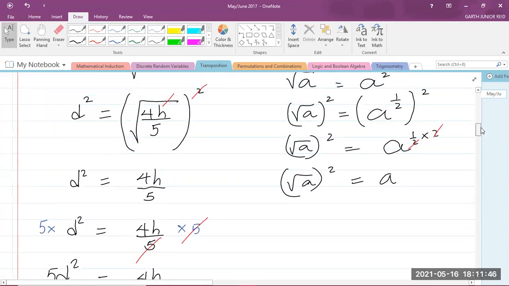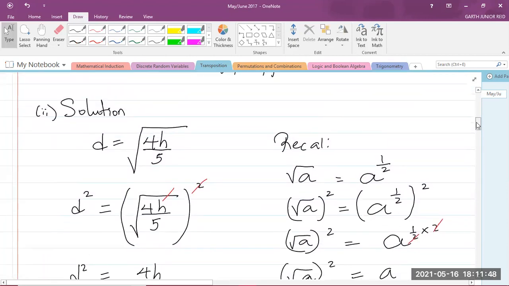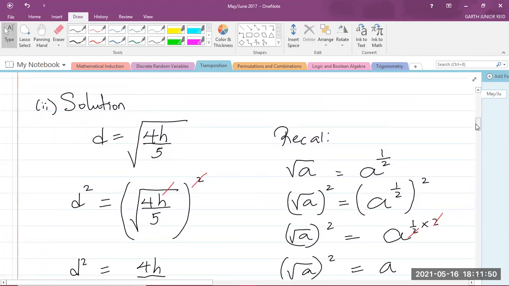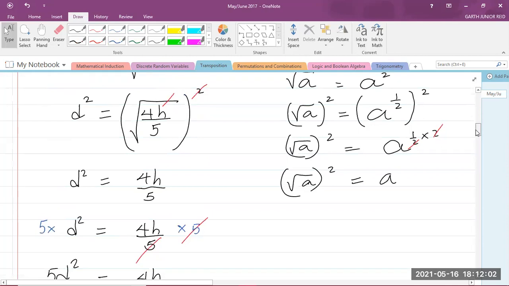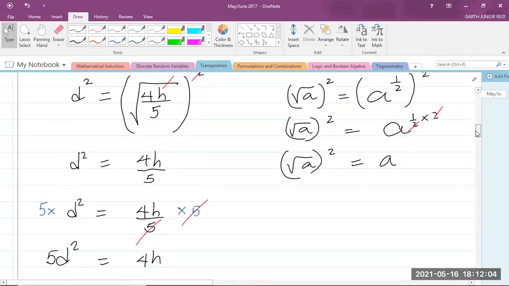So you wanted h as the subject, so it means that you need to get rid of everything surrounding that h. We got rid of the square root first by squaring both sides of the equation. We ended up with d squared equals 4h divided by 5. Then we needed to get rid of the 5 as a denominator, so you multiply both sides of the equation by 5.